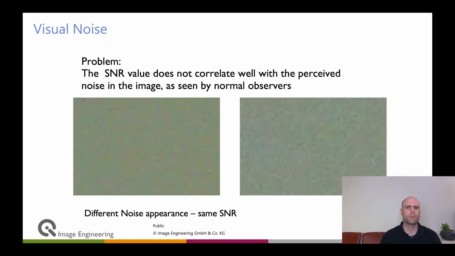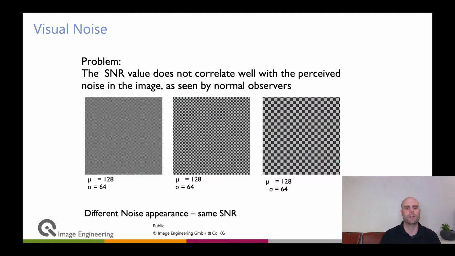And that's because the human observer does not see all the noise that is in the image. The human observer can see some spatial frequencies better than others. Let me try to illustrate this a little bit here. So take these three patterns.